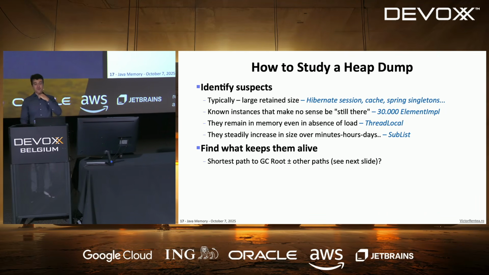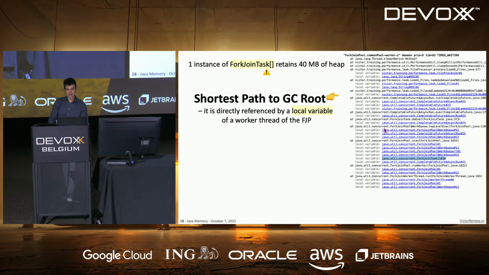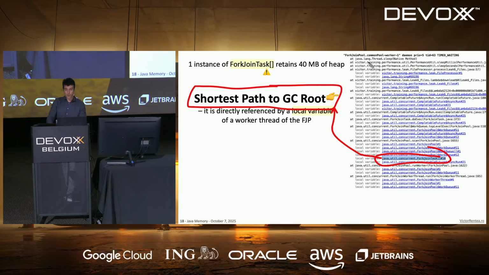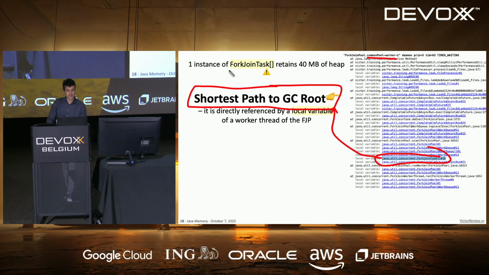But GC root sometimes is not enough. Look, it's a bit darker, but the shortest path to GC root could be that you have a reference to a certain object. This is exactly from the code we had today. You could have a reference to a certain object from a worker thread of the common pool. But that's not really what keeps the fork join task array.